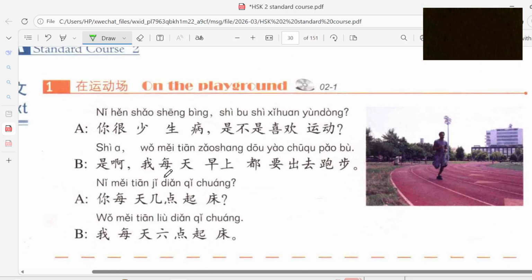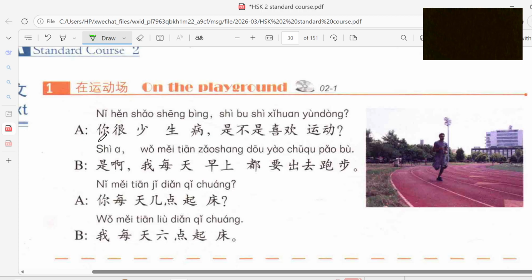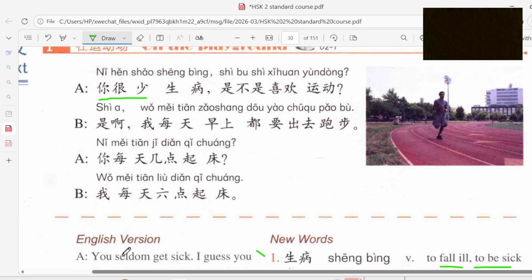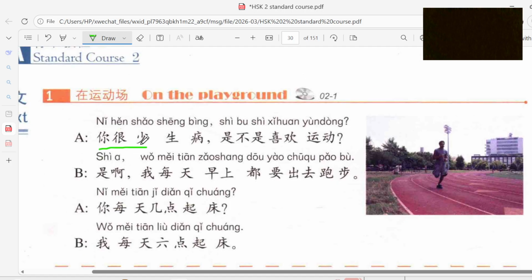So here there is 你很少, what does 很少 mean? Seldom, right? You seldom 你很少 because 少 means little or few. So when you link it with 很, 你很少 means seldom.